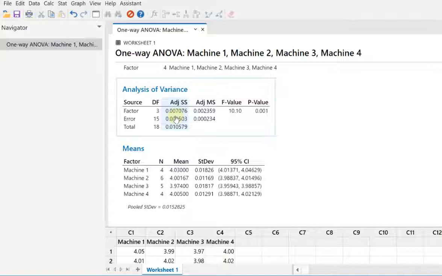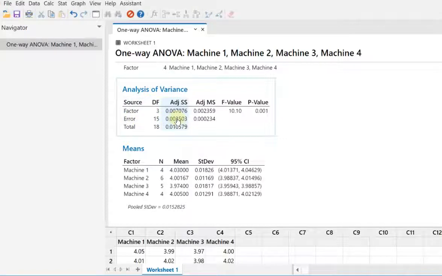I said ignore it, don't worry about it. This is the total variability in 19 data points. And of this 0.010579 variability, sum of squares, 0.007076 is due to factors. The remainder is due to the within.